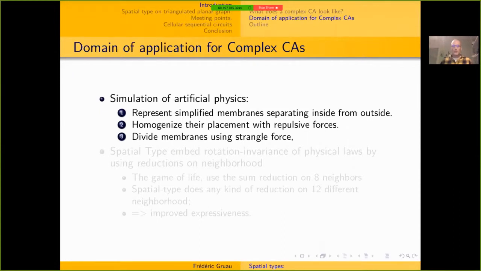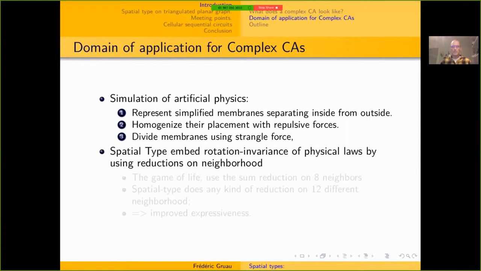The physical laws are rotation invariant, and spatial types fit physical laws because they embed rotation invariance, because they use reduction heavily or only.